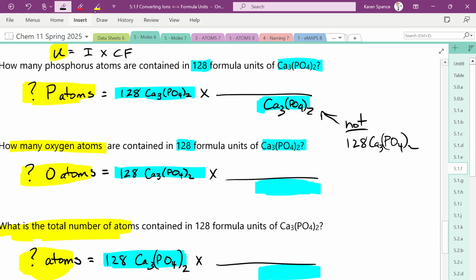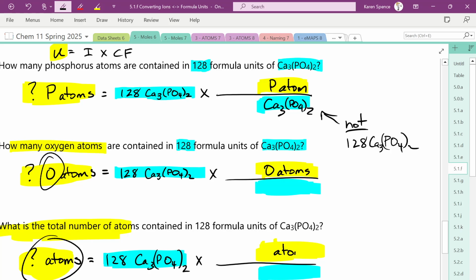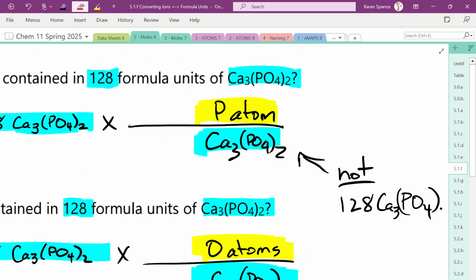And what are we trying to find? Whatever you're trying to find goes on the top. So in the first instance, we're looking for P atoms. In the second instance, we're looking for O atoms. And in the third instance, we're looking for just generic atoms. And these ones were Ca3(PO4)2. For the number of P atoms, you go to your formula and you look and you say, how many?